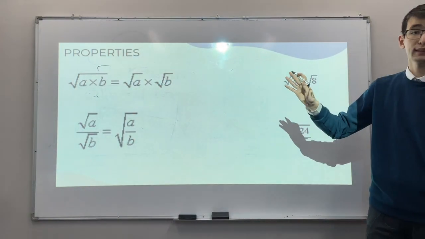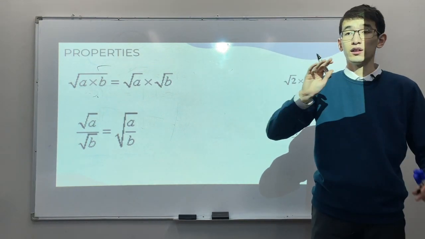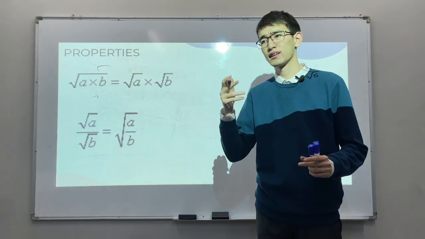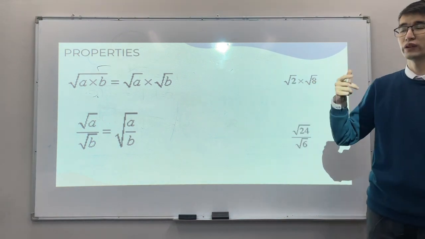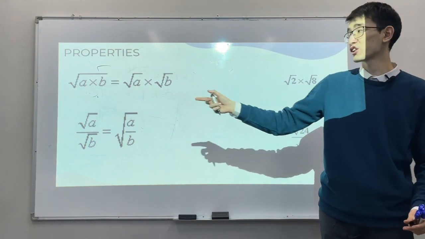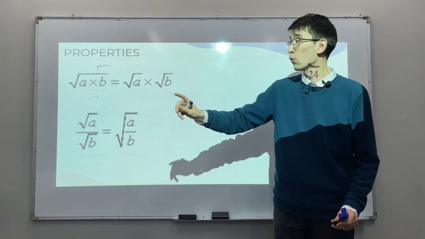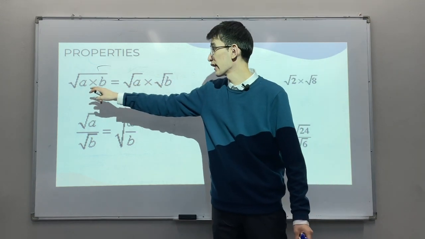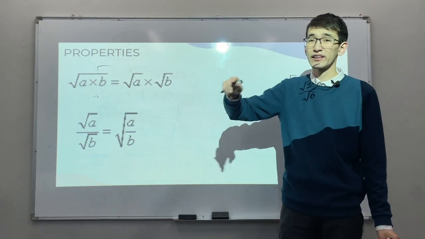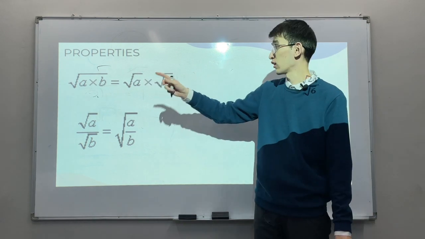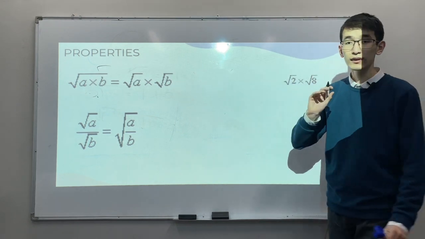Let's talk about some properties, the next part of the lesson. We have the second main properties, which use multiplication and division. The first property is that if we multiply a and b in a square root, we can write them separately: square root of a multiplied by square root of b.